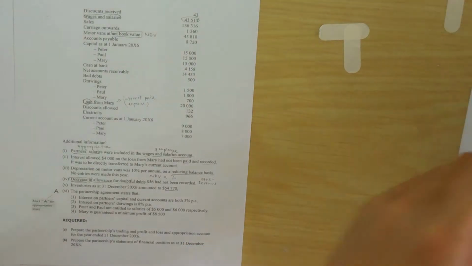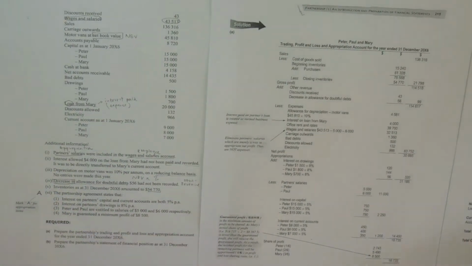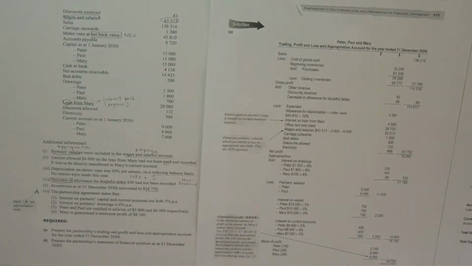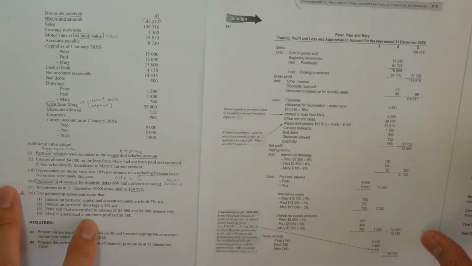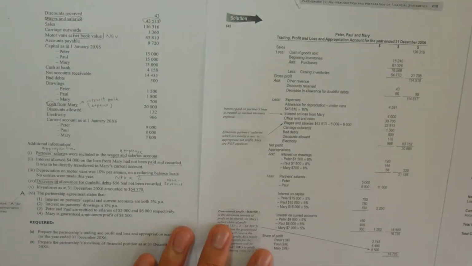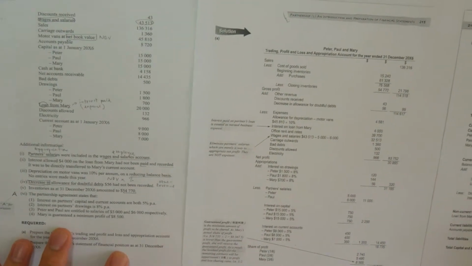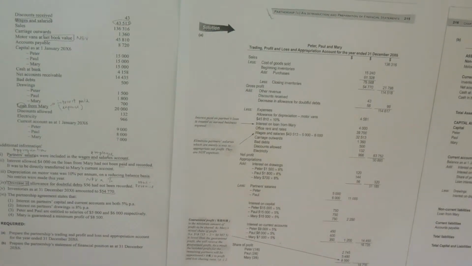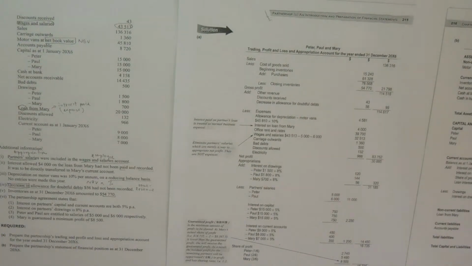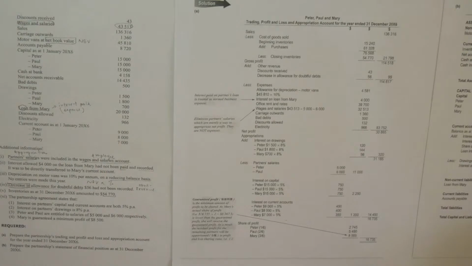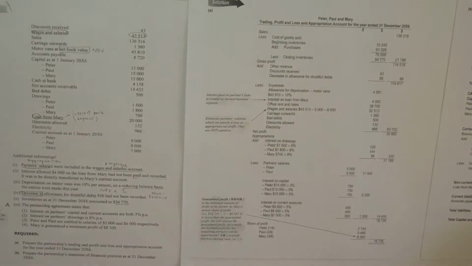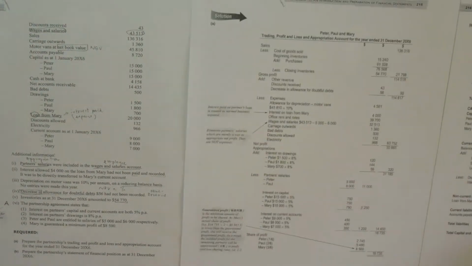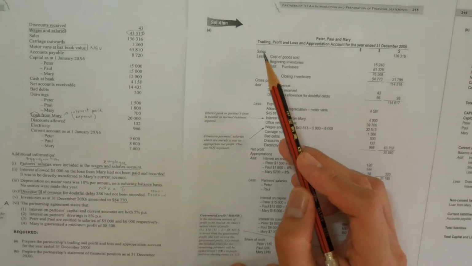Okay, so based on the information, let's see how we do that. Just to remind you, for the trading and profit and loss account, we first start with the sales.